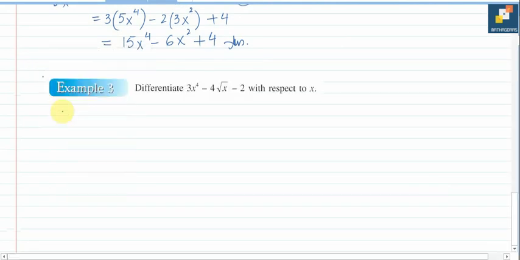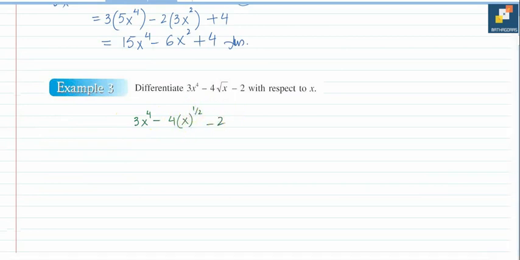It's example number 3. It says differentiate 3x^4 minus 4 root x minus 2. Now it's x root, so I'm writing it as x power 1 upon 2, that is the power of root. Now we need to differentiate it.